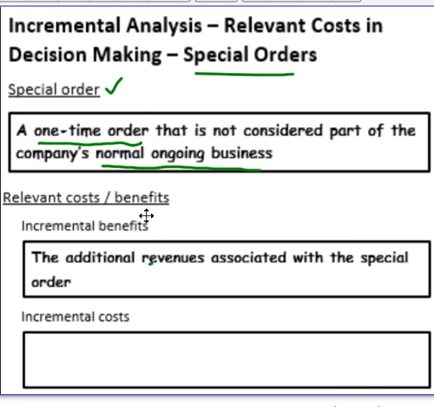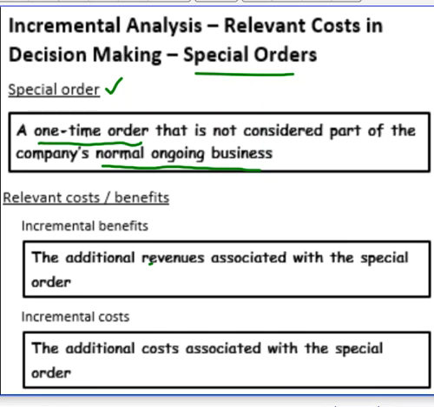So the incremental benefits would be the additional revenues associated with that particular special order. Along with that, though, besides incremental benefits, we're going to incur incremental costs. Incremental costs in this case would be the additional costs associated with producing that order.